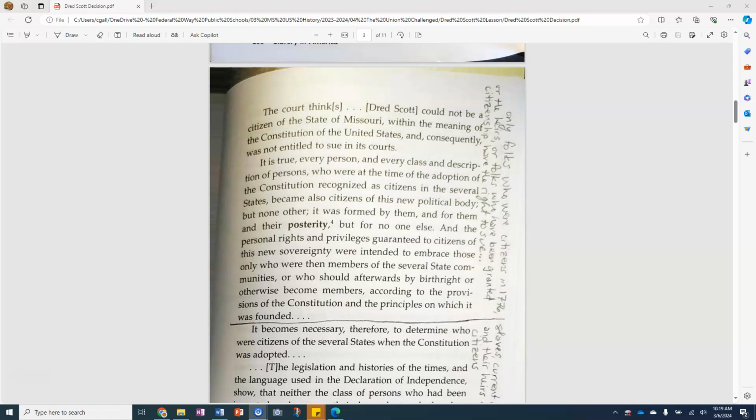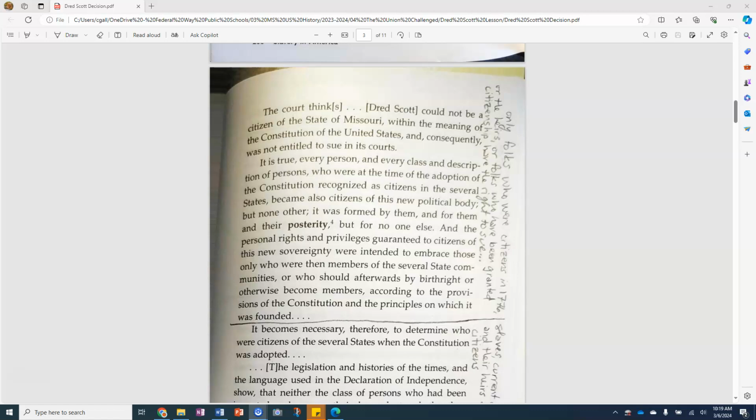Okay, so he says Scott can't be a citizen of Missouri, and because he can't be a citizen, he's not entitled to sue in the courts. So he doesn't have a right to sue just because he exists, right? And then they go on to define how they're going to figure out who citizens are.